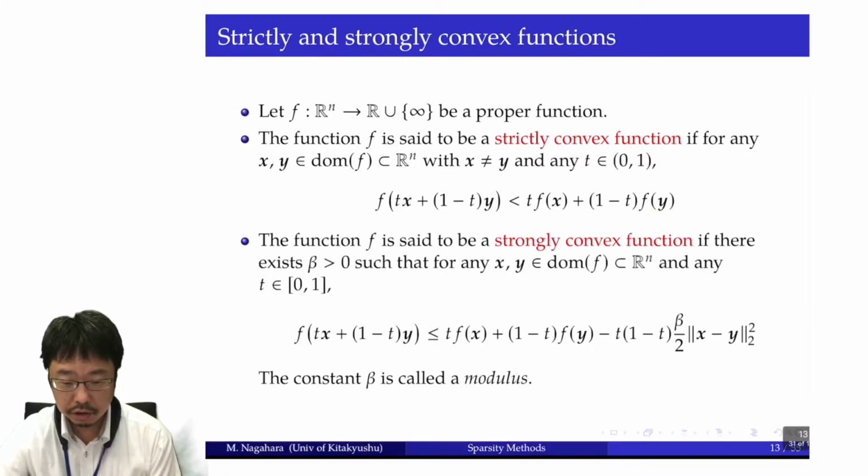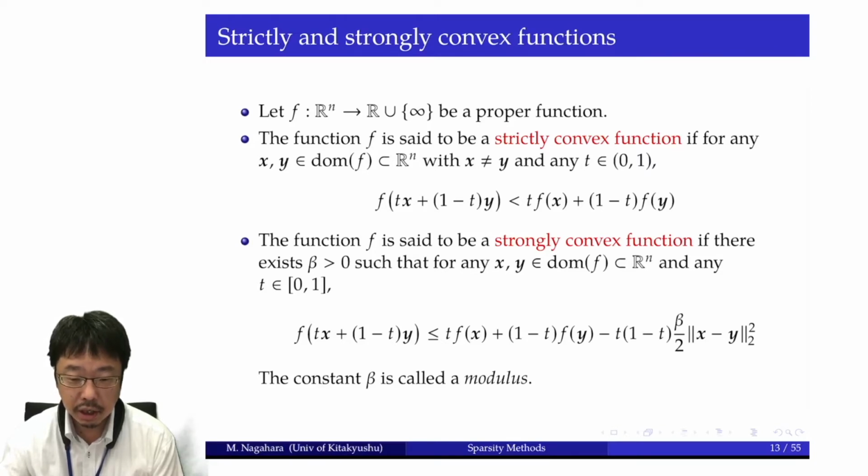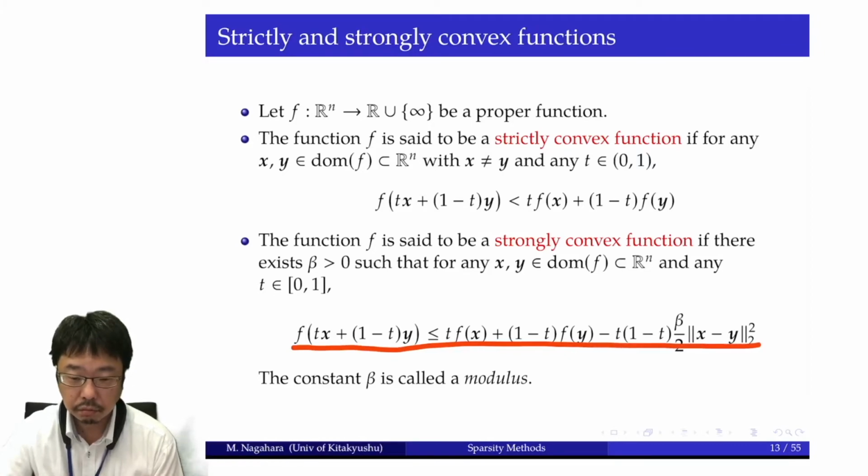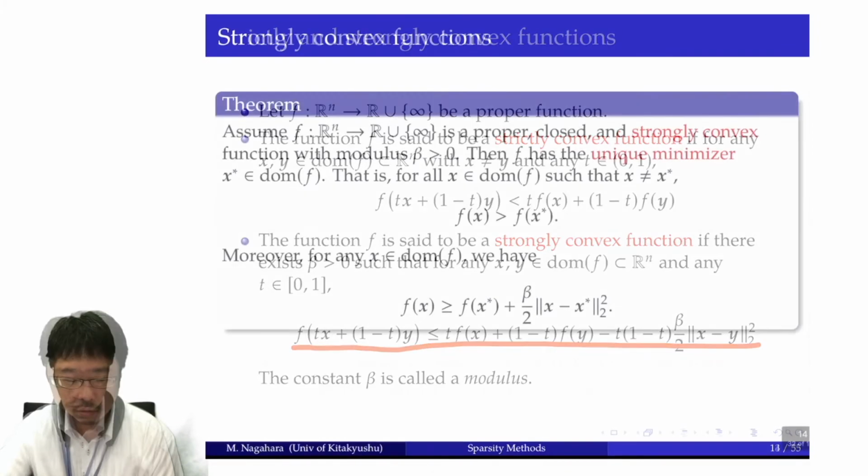Next, the function f is said to be a strongly convex function if there exists beta positive such that for any x and y in domain f and any t between 0 and 1, this inequality holds. The constant beta is called a modulus.